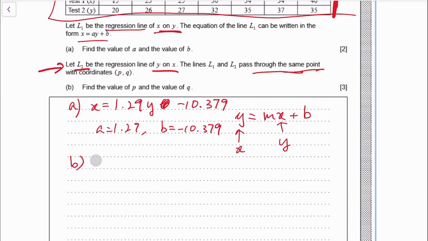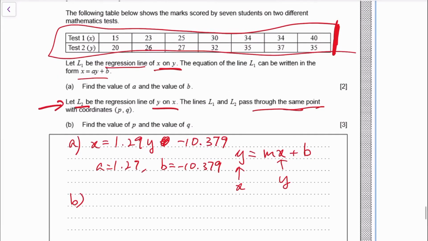There's a faster way, which is you should know that the regression line always passes through the mean of the data. So it always passes through the point formed by the mean of x and the mean of y. So P is just the mean of x and Q is just the mean of y. Use a calculator to help you. You know how to find a mean, right?